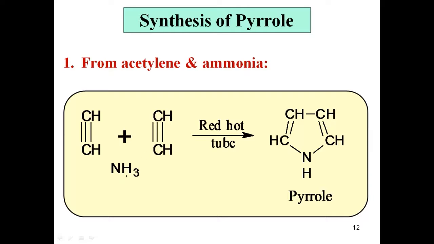Only one H2 molecule comes out, and there is a formation of pyrrole. A five-membered cyclic compound having a nitrogen atom is formed, and this is nothing but pyrrole. This is just the first method, synthesis of pyrrole by using acetylene and ammonia.